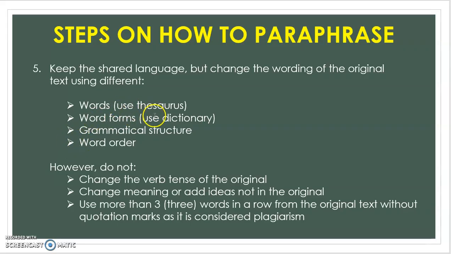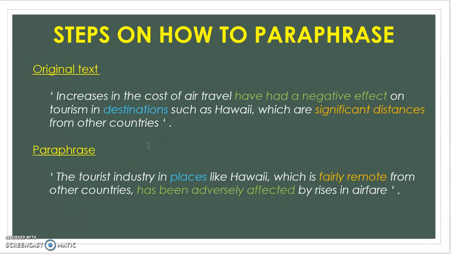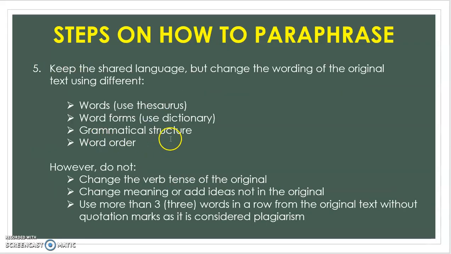You can use a thesaurus to help you find the right synonym. You can use word forms. Identify whether the words act as a noun, adjective, adverb, or verb. So you can use a dictionary to help you with this. You can use different grammatical structure, and you can play around with the word order.